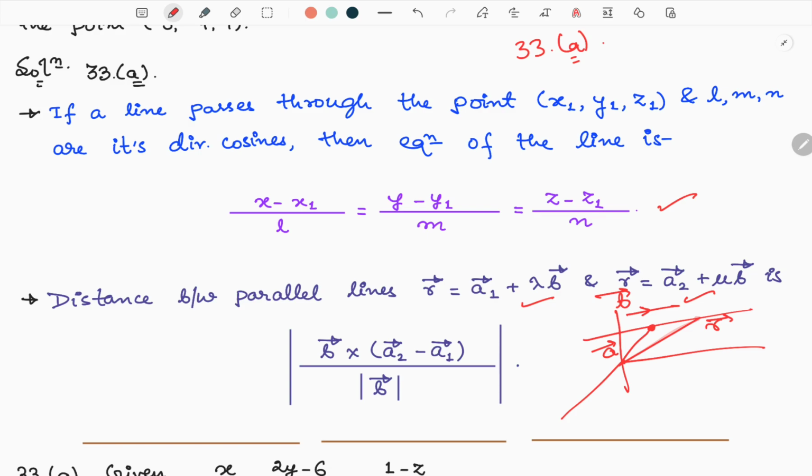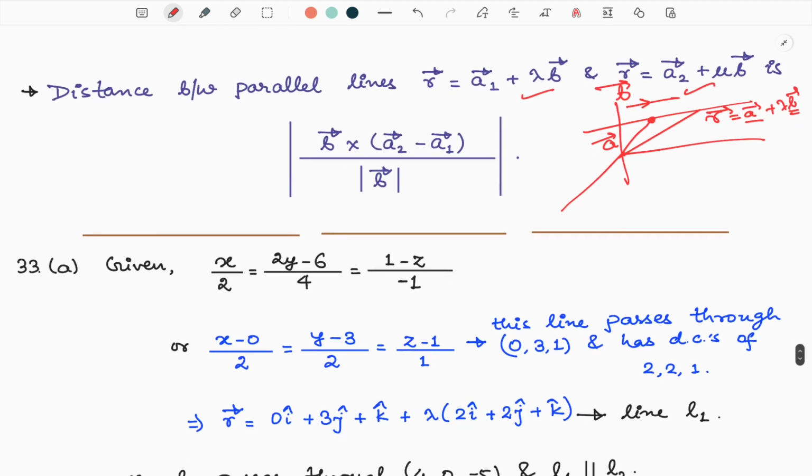So we can say that r vector is equal to a vector plus lambda b vector. In this equation, a vector is a general point on the same line, but b vector is not on that line. In fact, b vector is the direction to which r vector is parallel.